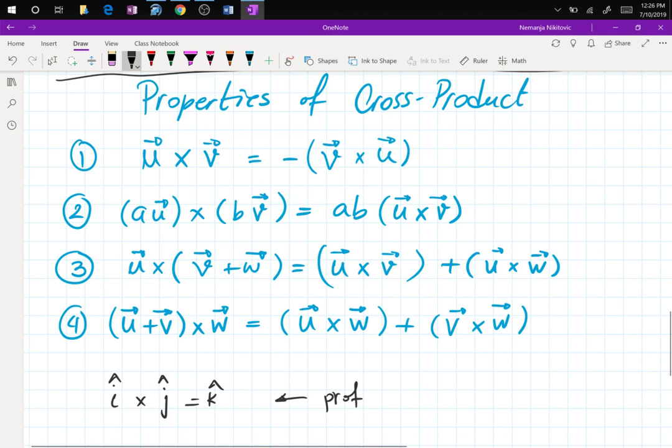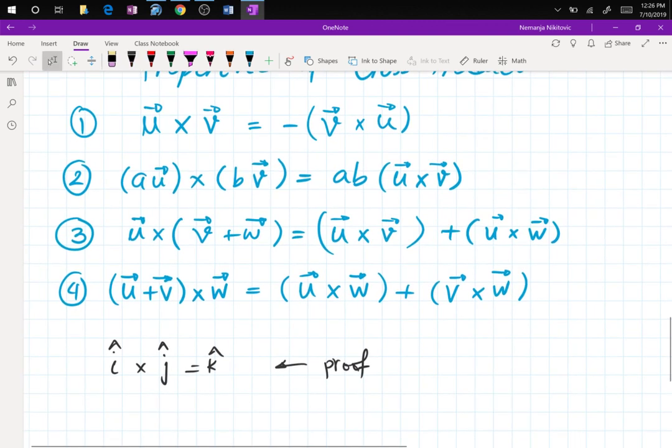And where you get the proof, obviously, is you just put 1, 0, 0, 0, 1, 0, and when you crank the cross product, you will get 0, 0, 1. So you can do that calculation if you're interested. It's very quick.